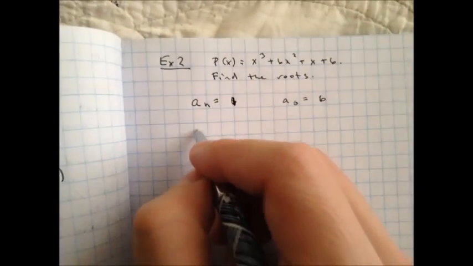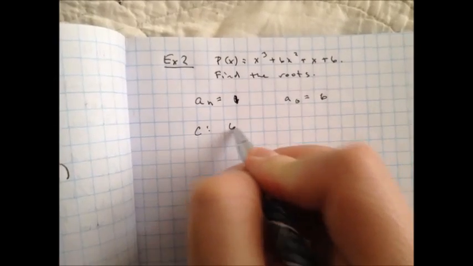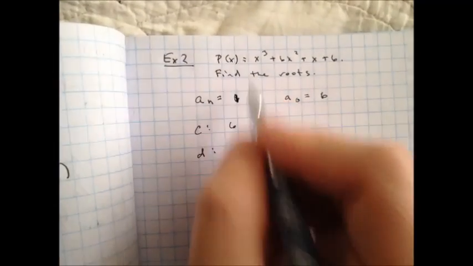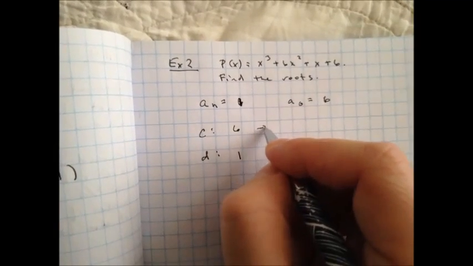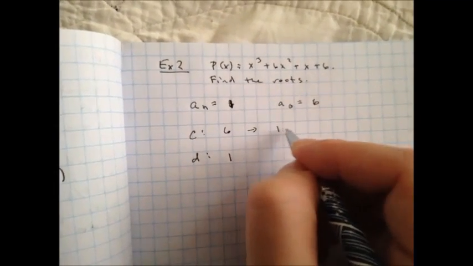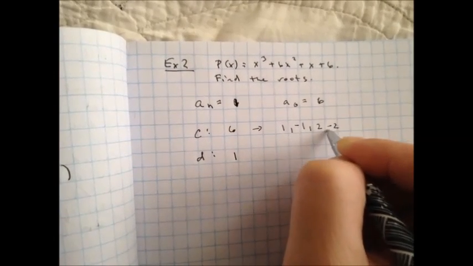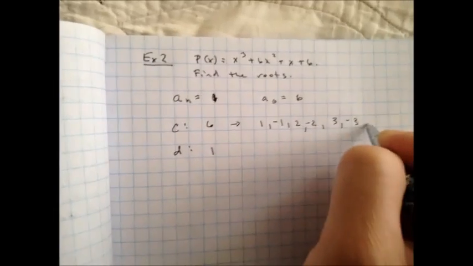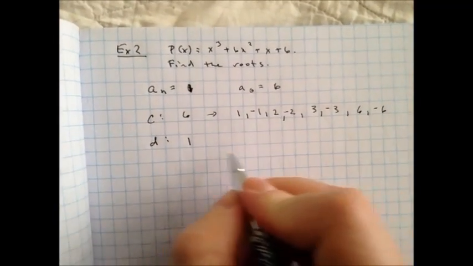Okay, so then I'm going to do c. Remember, c is always this last term, so that's positive 6. d is always this first term, and that's 1. So the only factors of 6 are 1, negative 1, 2, negative 2, 3, negative 3, and 6, negative 6.